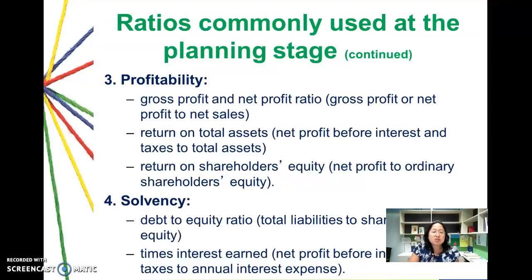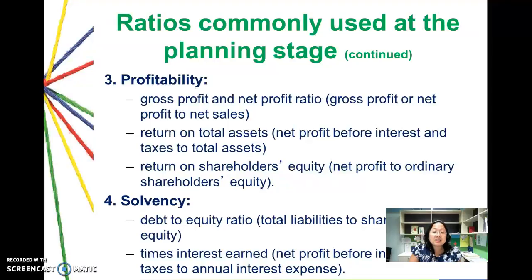If the debt to equity ratio is quite high, that means the company probably has to rely a lot on debt to operate. So there is the risk of having to pay a lot of interest, and there is also solvency risk, right? That means their own capital cannot cover their debt. Times interest earned is measured, right?